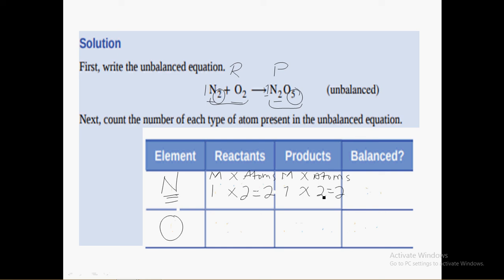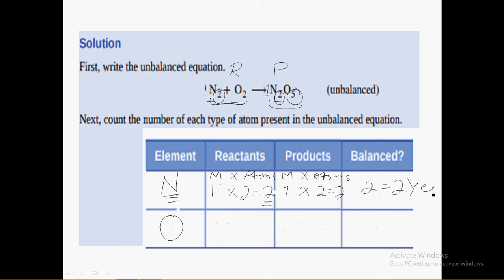This 2 is the number of atoms. Is it balanced? The number of reactants is equal to the number of products. So 2 nitrogen in the reactant is equal to 2 in the product. So it's balanced now.